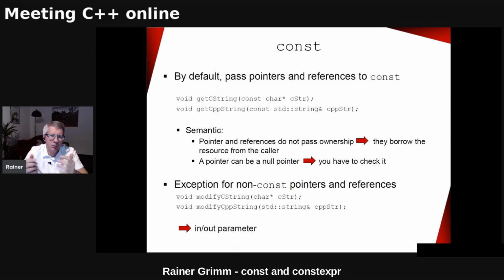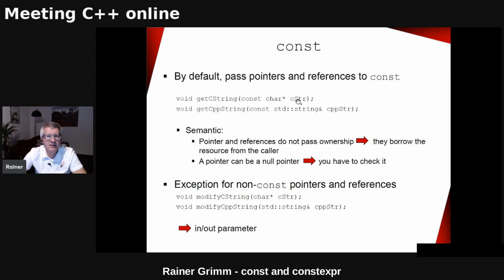A few additional words about constants, which are not so exciting, but anyway. By default, pass pointers and references to const. You see, const. Okay, this is easy. What does it mean to pass something by const? I had a few days ago a discussion with a few colleagues. This means you don't pass ownership with pointers and references, you only borrow it.